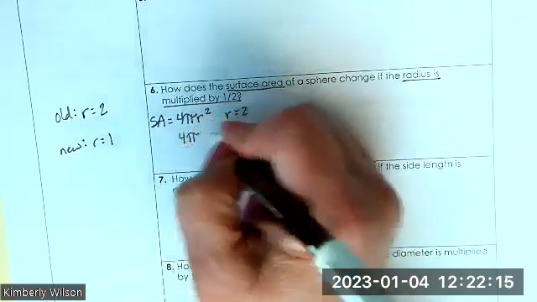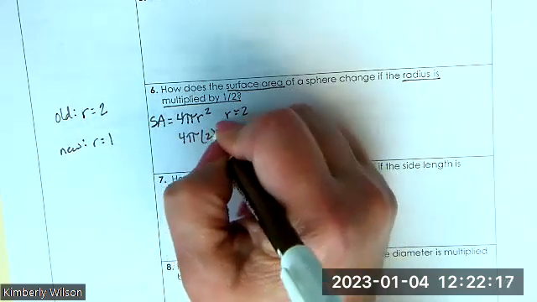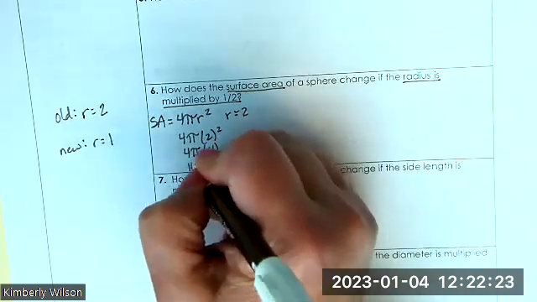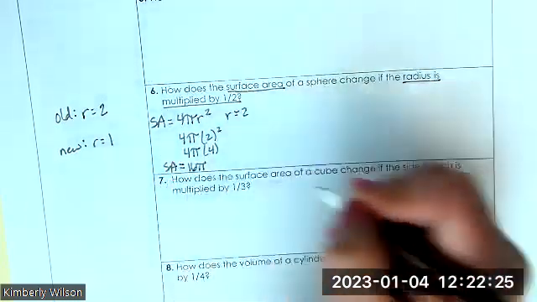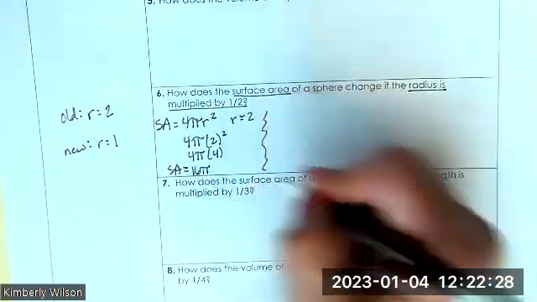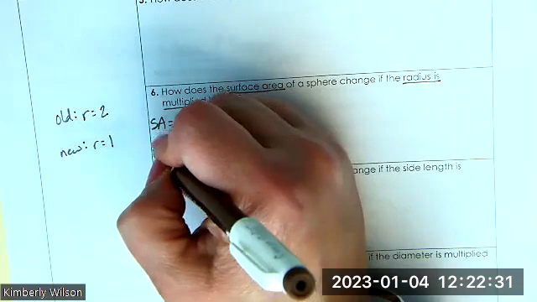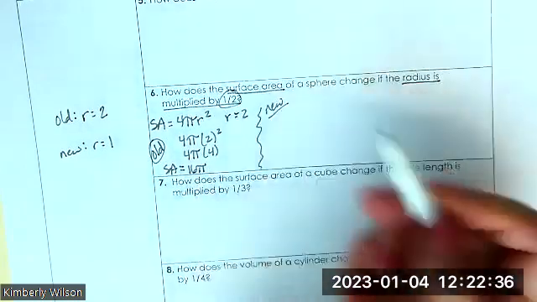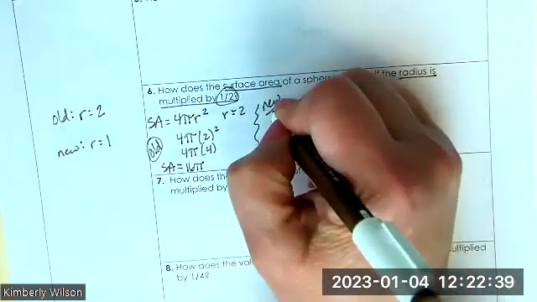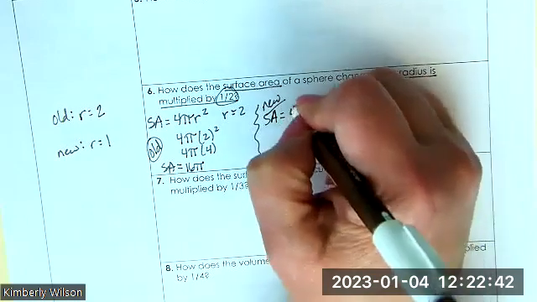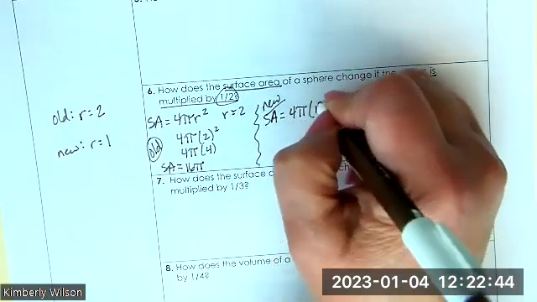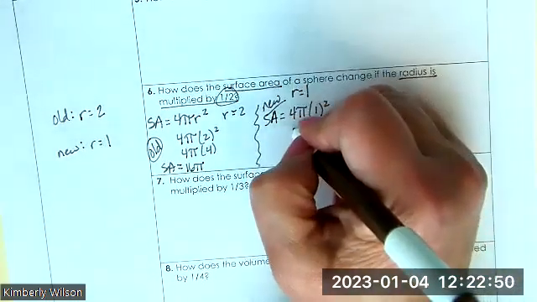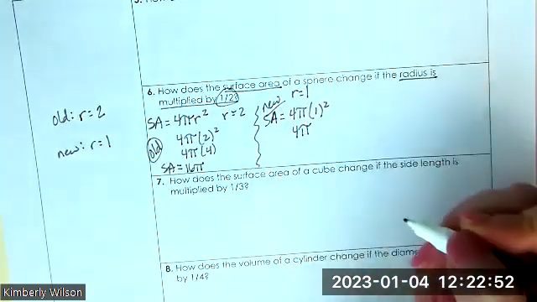That's 4 pi 2 squared, which is 4 pi times 4, which gives me 16 pi as the surface area. Now, that was the old. Now we're looking at the new, because it's multiplied by 1/2. So therefore, to find the surface area, we're going to do 4 pi times 1 squared. Because remember, for this, we said the radius would equal 1. So that means we just have that the surface area is 4 pi.